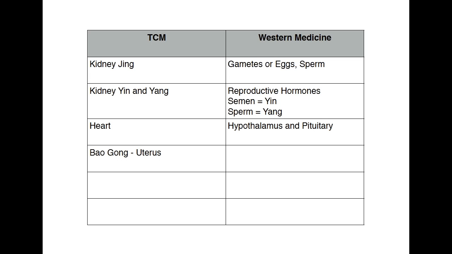Now, if you remember the previous slide with the kidney-heart connection, the next most important thing is the heart, because the heart is the center of the emotions and the center of the mind.